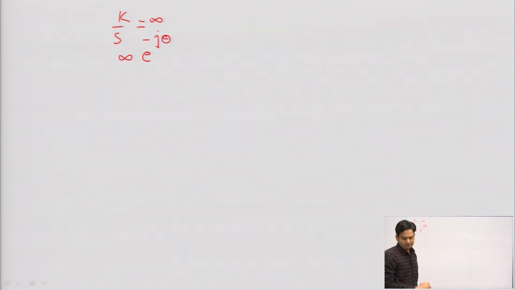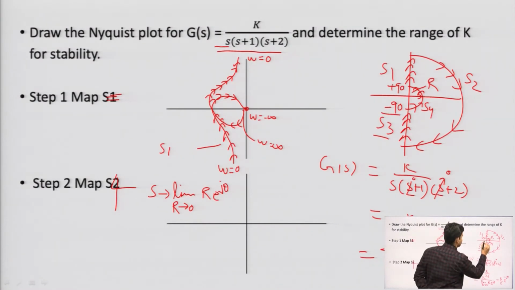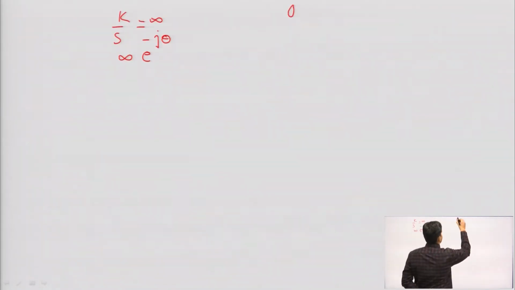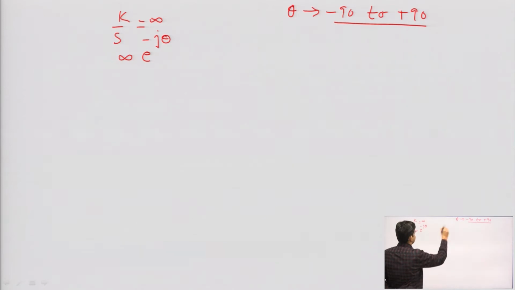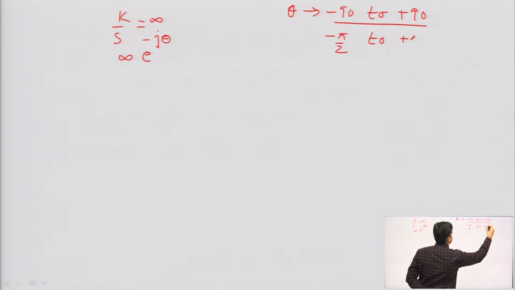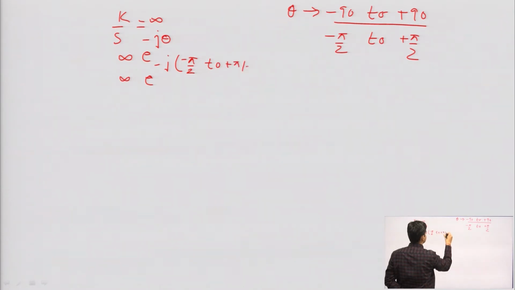What is theta? You need to observe from the previous graph that it is varying from minus 90 to plus 90. So, I can write theta is varying from minus 90 to plus 90, which is equivalent to minus pi by 2 to plus pi by 2. I need to replace here infinity exponential of minus j theta with theta from minus pi by 2 to plus pi by 2.